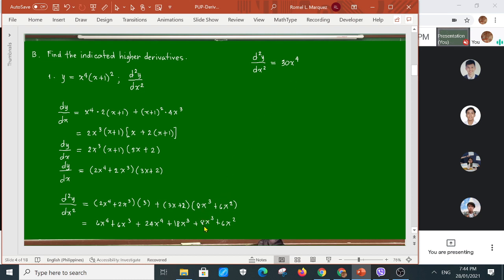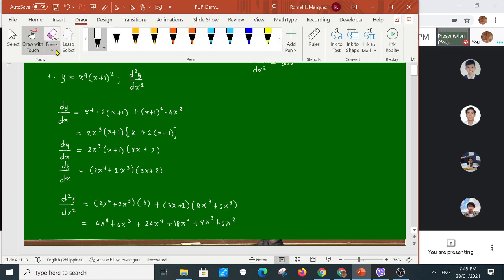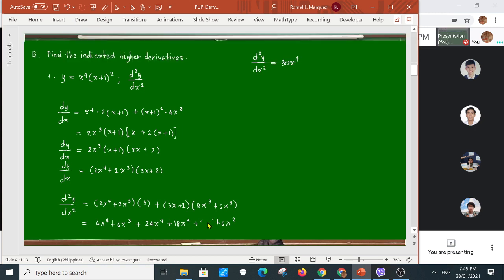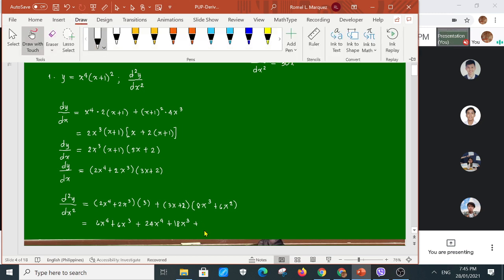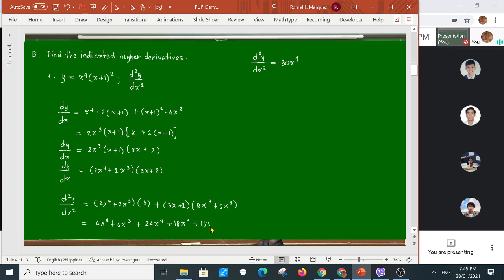So what's the answer now? 3 times 8, 24. 3 times 18, 54. So 16 now. Let me operate on it first. I erased it. Okay, so this is what? 16x to the 3rd plus 12x squared.